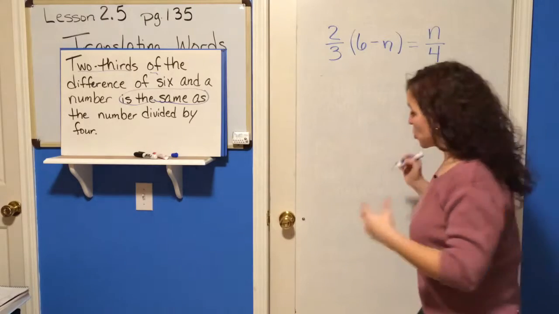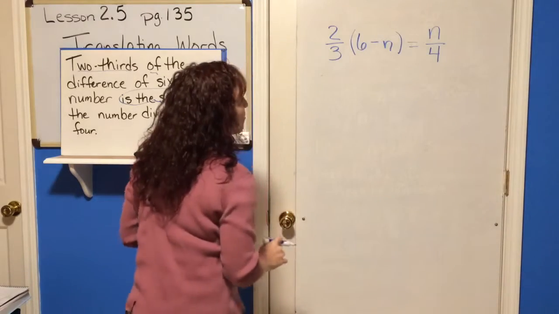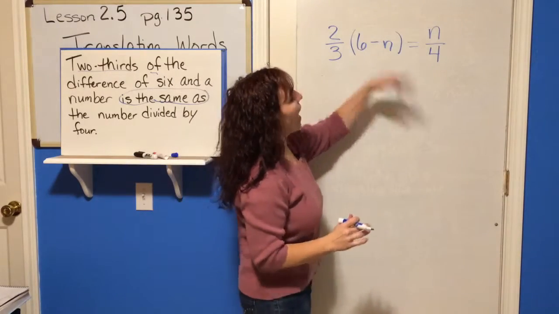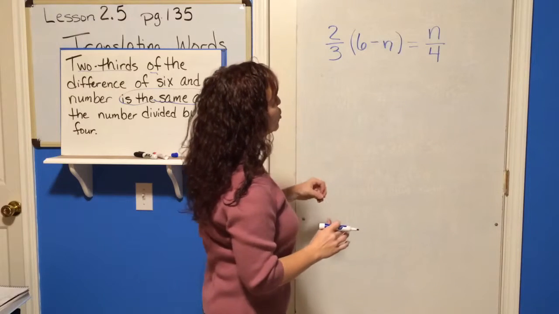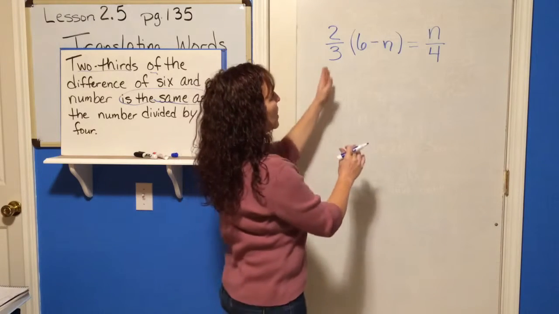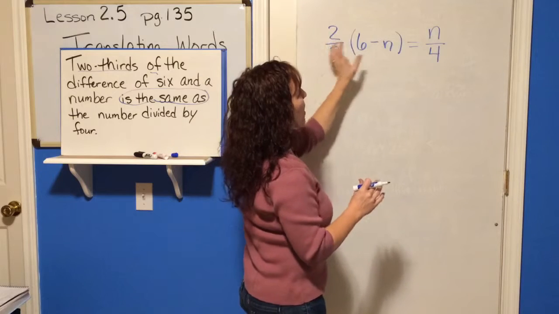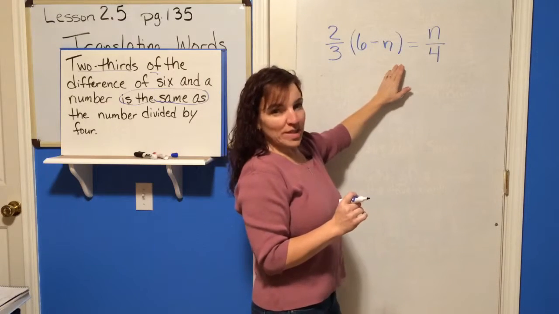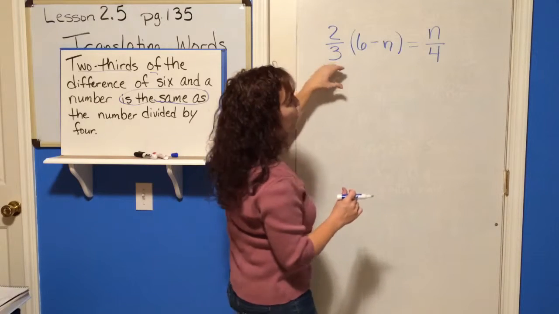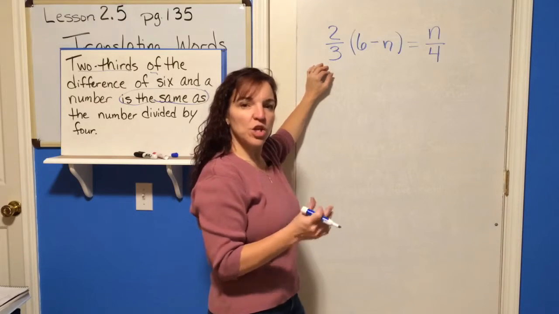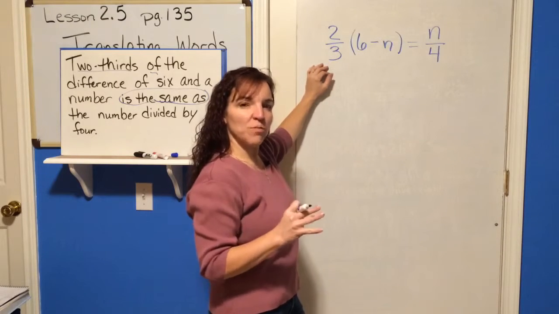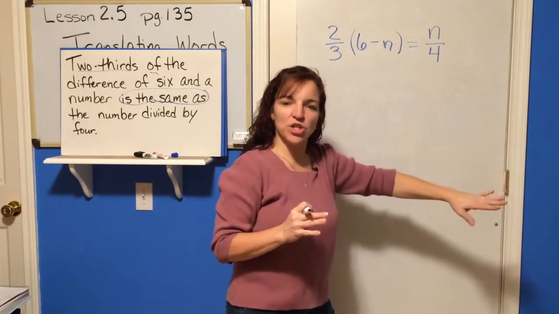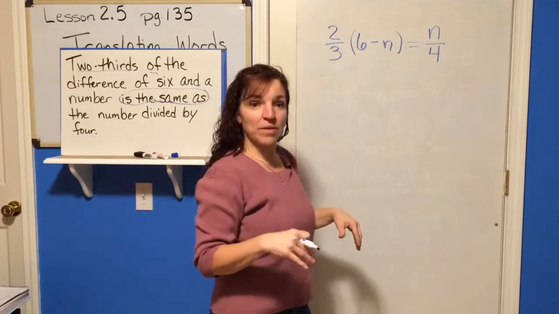All right? So now you have a parentheses involved, so you got to get the parentheses out of there. You can do this one of 2 ways. You can either bring this 2/3 through the parentheses first. What I would do in this case is, remember with fractions, if you've got a fraction involved, you can get rid of the fractions by multiplying your entire equation by the least common denominator.